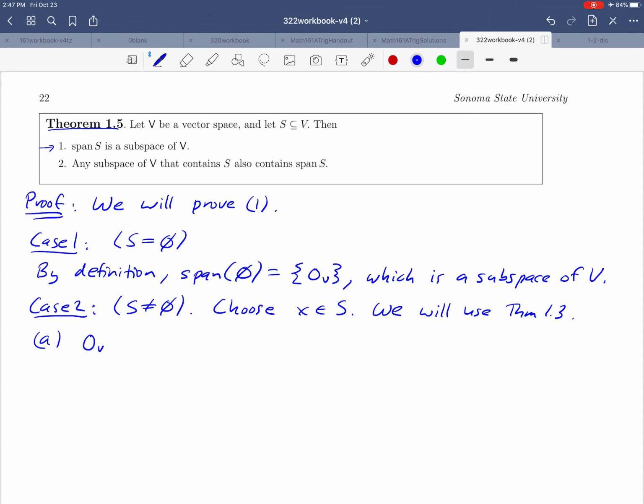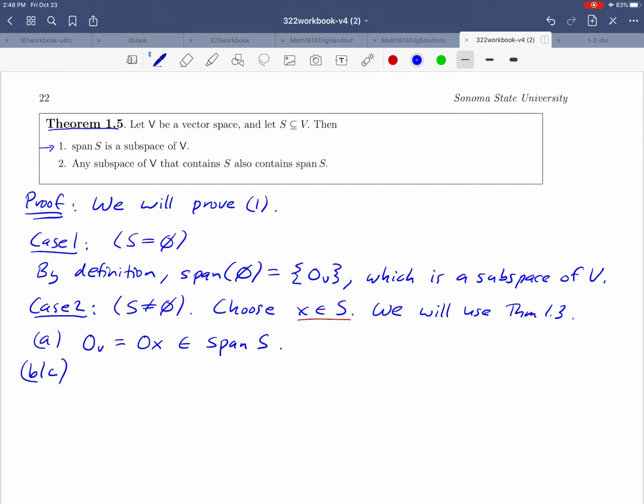It means that we can write the zero vector as a linear combination of the vectors that are in S. Okay, and here's one vector that's sitting in our bag of vectors S. And notice that we can write the zero vector as 0 times that. Okay, and that's a linear combination of the vectors in S. It's a very simple one, 0 times x, but that by definition is in the span of S. Okay, and so we have just verified condition A in Theorem 1.3. The zero vector lives in the span of S.